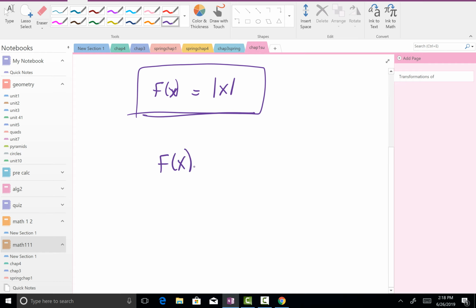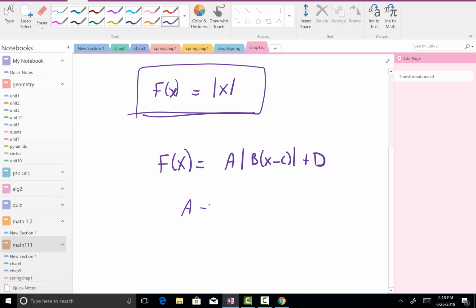Okay, so hopefully you had some time here. You can see that I'm changing this to f of x. There we go. So what we want to talk about is, what do these parameters a, b, and c do to that absolute value function? Okay, so somebody should tell us what happens.